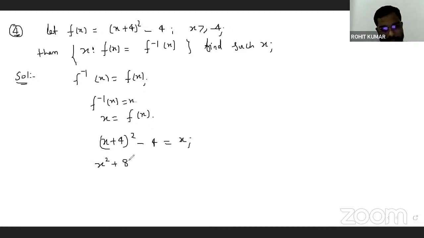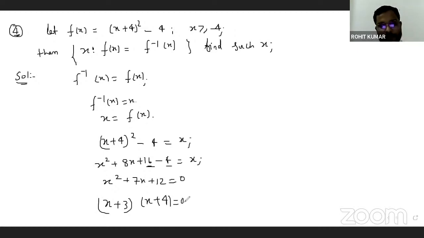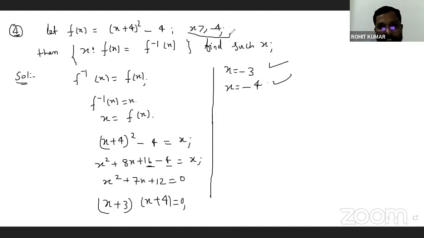That gives x square plus 8x plus 16 minus 4 is equal to x, that is, x square plus 7x plus 12 is 0, and we have (x plus 3)(x plus 4) equal to 0. So two values satisfy this: x is equal to minus 3 and x is equal to minus 4. Both of these values satisfy the given condition on x.